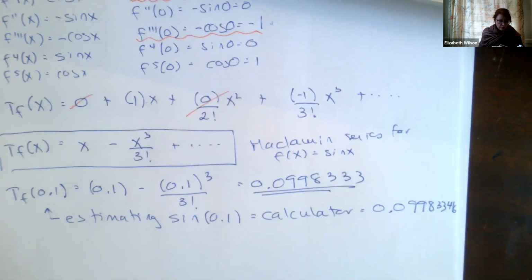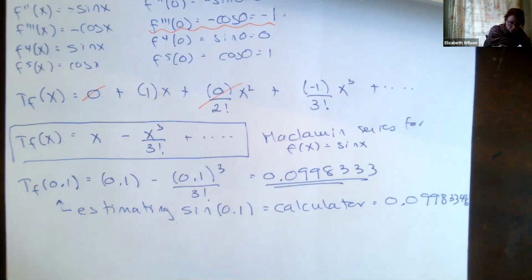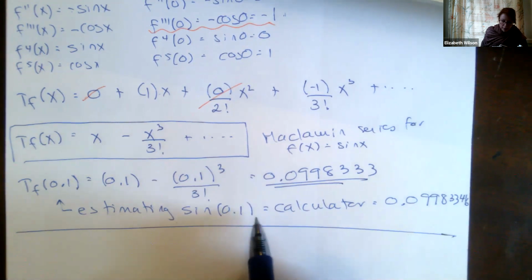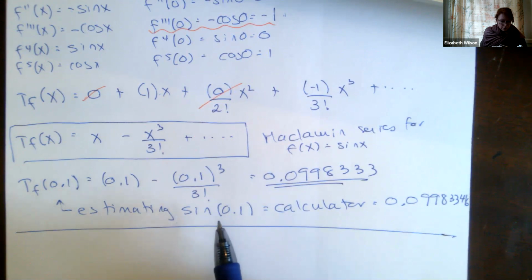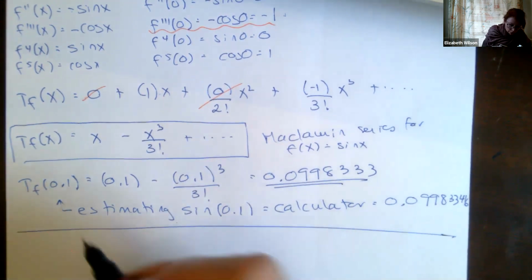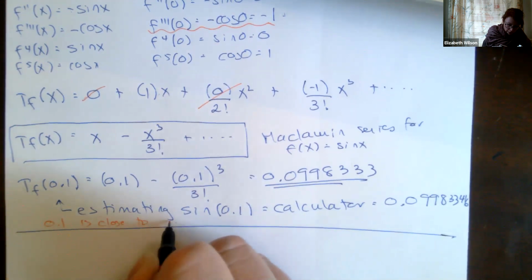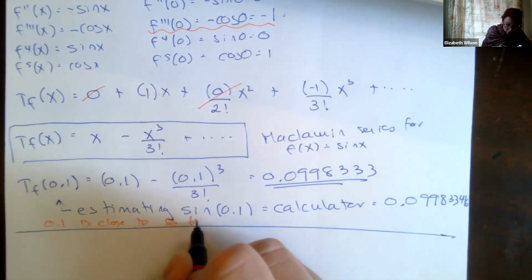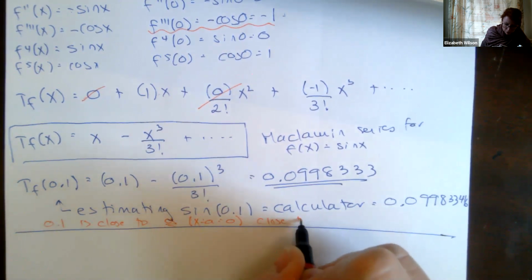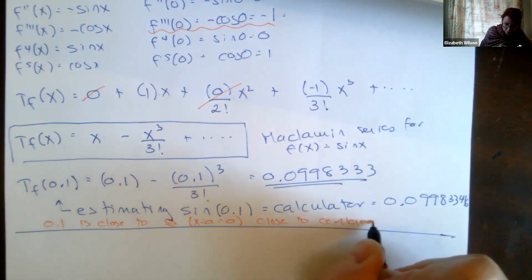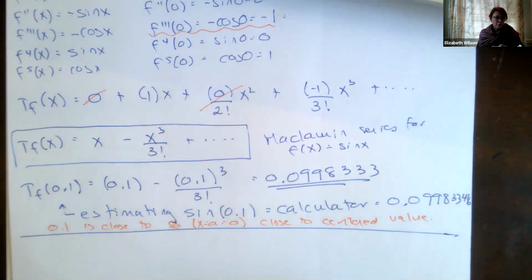Okay, now let's use this to estimate sine of 1.5. Notice that the thing I'm trying to estimate, 0.1, is close to where I've centered it, x equals A, which is 0, the centered value. So let's do a value that's farther away from where we centered it.